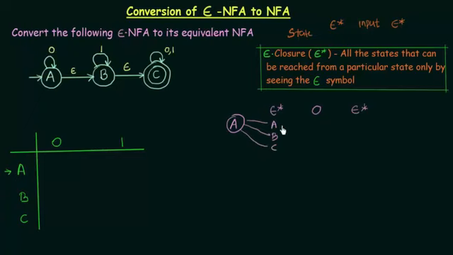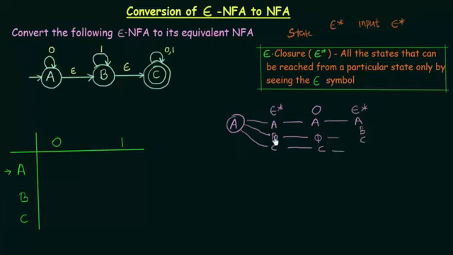Now, where does A go on 0? A on 0 goes to A itself. And where does B go on 0? B does not go anywhere on 0, so this is phi. And where does C go on 0? C goes to itself on 0. Now we again have to take the Epsilon closure of the states we obtained. The Epsilon closure of A is A, B, and C. Phi is nothing.